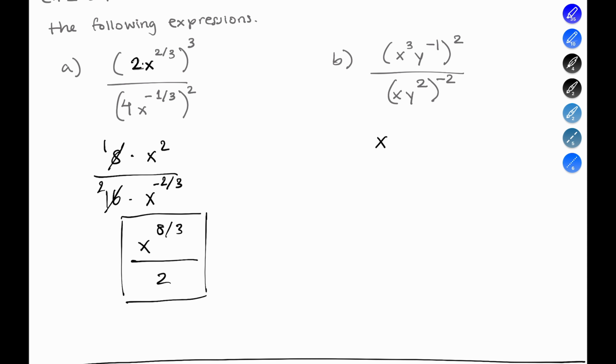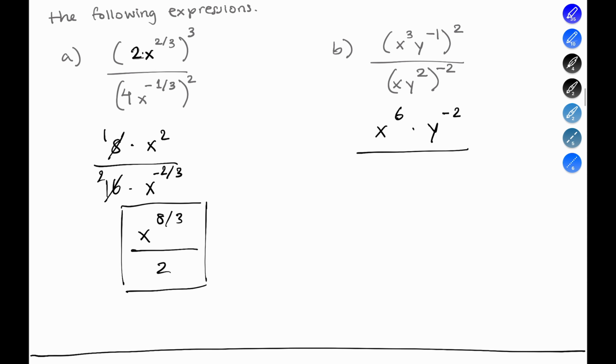So that would become x to the power of 3 times 2, which is 6, and times y to the power of negative 1 times 2, which is negative 2. Then we could do the same thing in the denominator. We could distribute the negative 2, so it would become x to the power of negative 2 times y to the power of negative 4, because 2 times negative 2 is equal to negative 4.